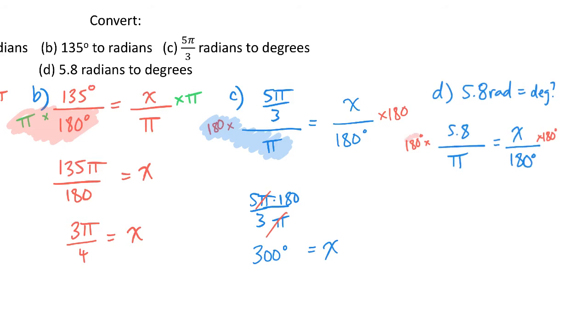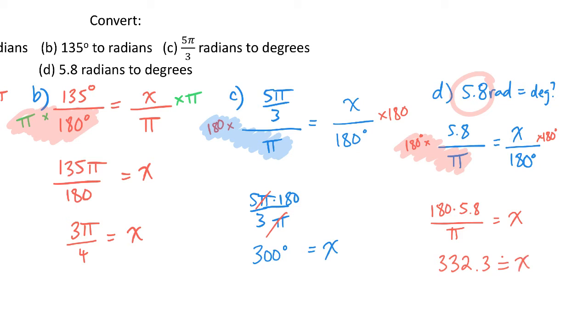Ultimately this is taking the original amount in radians and multiplying it by 180 over pi. And we get 180 times 5.8 divided by pi is equal to x. Now we go to our calculators. 180 times 5.8 divided by pi is 332.3-ish degrees.